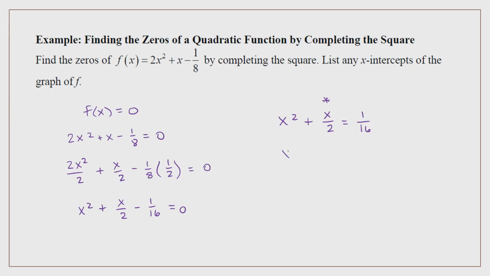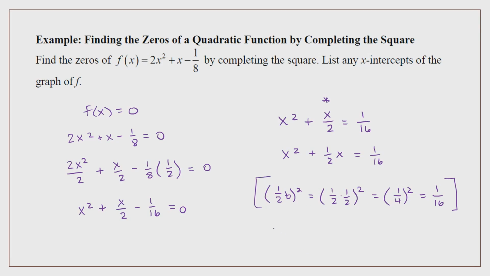Remember, this can be written as x squared plus 1/2 x equals 1/16. Both methods are correct. So in finding my 1/2 b squared, this would be 1/2 times 1/2 squared, which would equal 1/4 squared, which would equal 1/16.